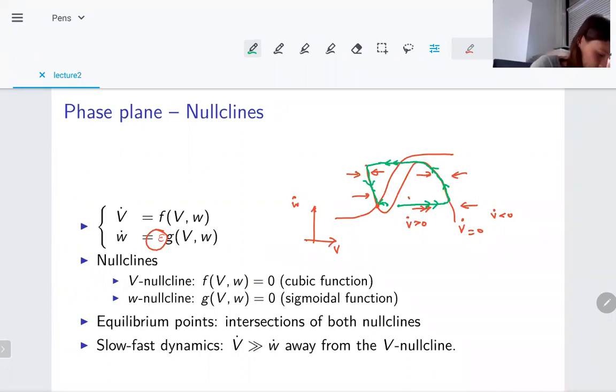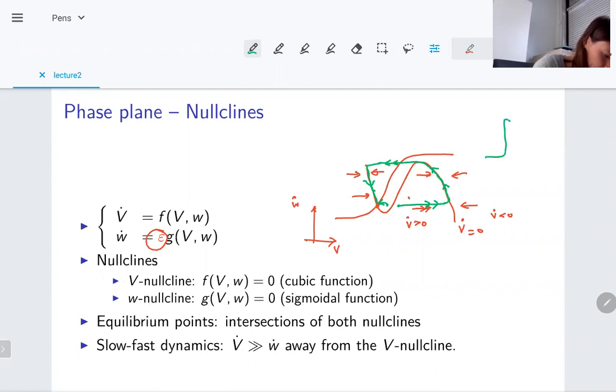So this trajectory that I've shown corresponds to a rapid increase in the voltage, because this is in the direction of the voltage, followed by this active state here while we stay on this right branch, and then followed by a rapid decrease in the voltage.